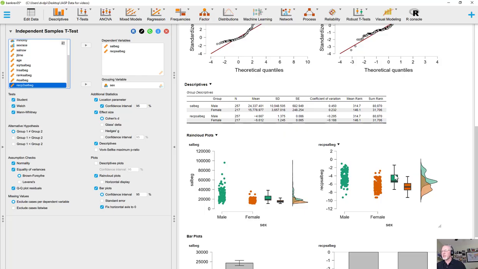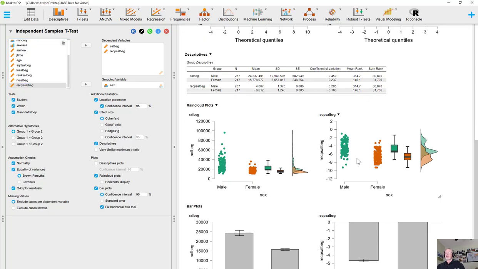You can also see that with the box and whiskers plots. It looks like there's a similar spread. You can see that in terms of just the distribution of the data points. They look like they're equally spread.